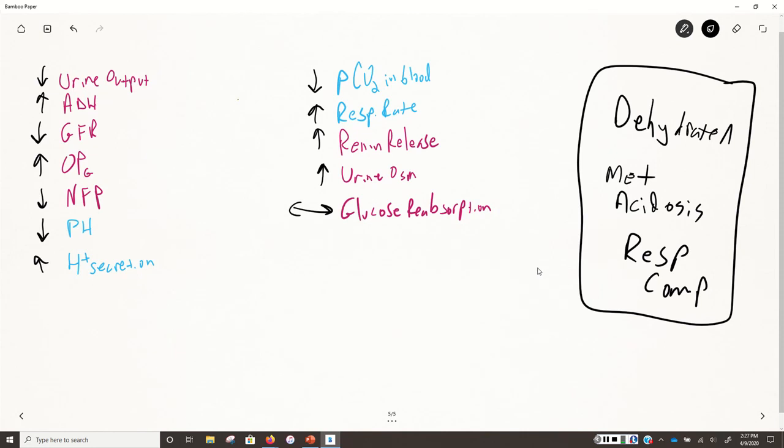Now, in the other practice bonus assignment that's posted along with this one, it says answer it for someone who has prolonged vomiting. I'm not going to go through that one. You guys can do that one for practice, but you should be able to do it now that we've done all of these in this example and all of those previous examples that we did with ABGs.